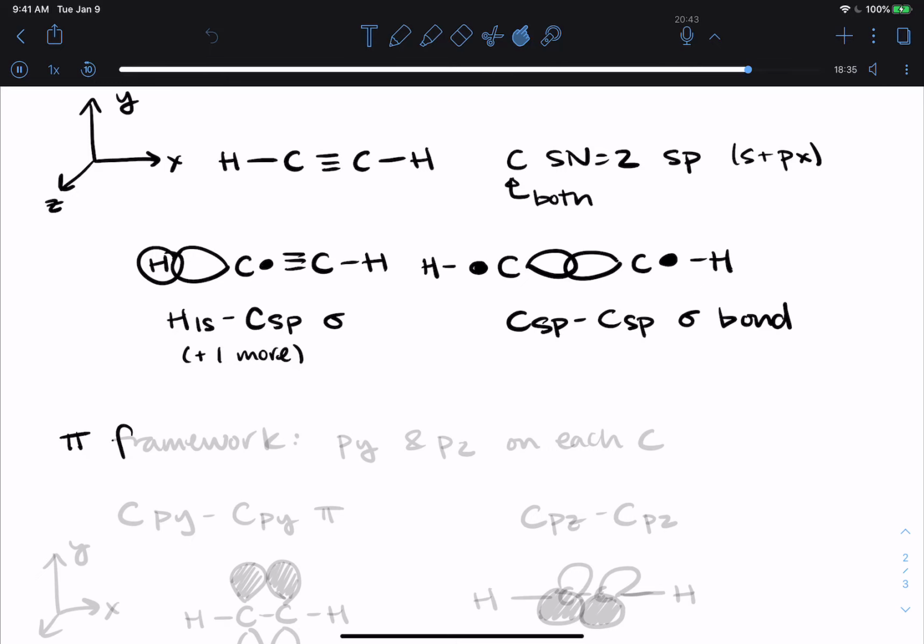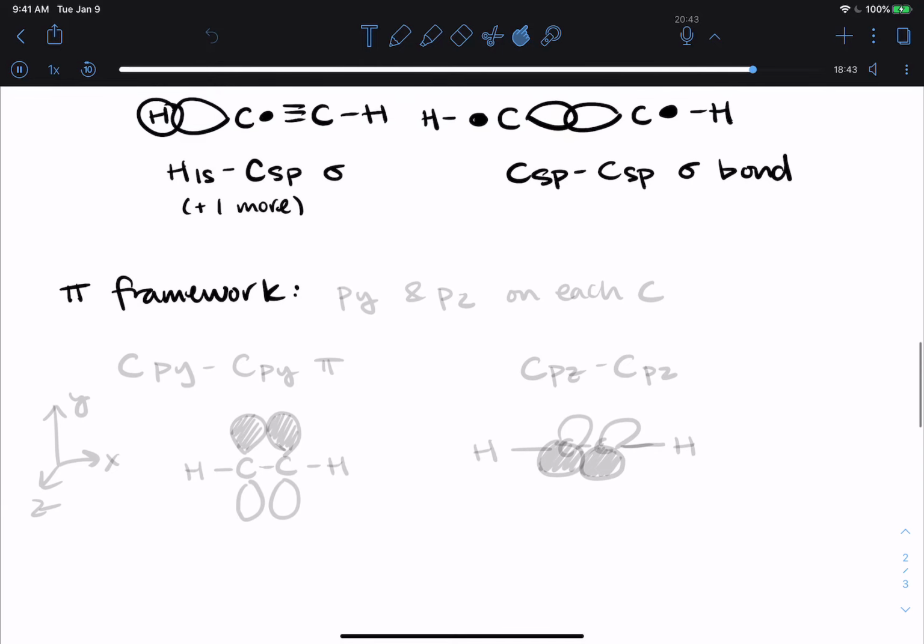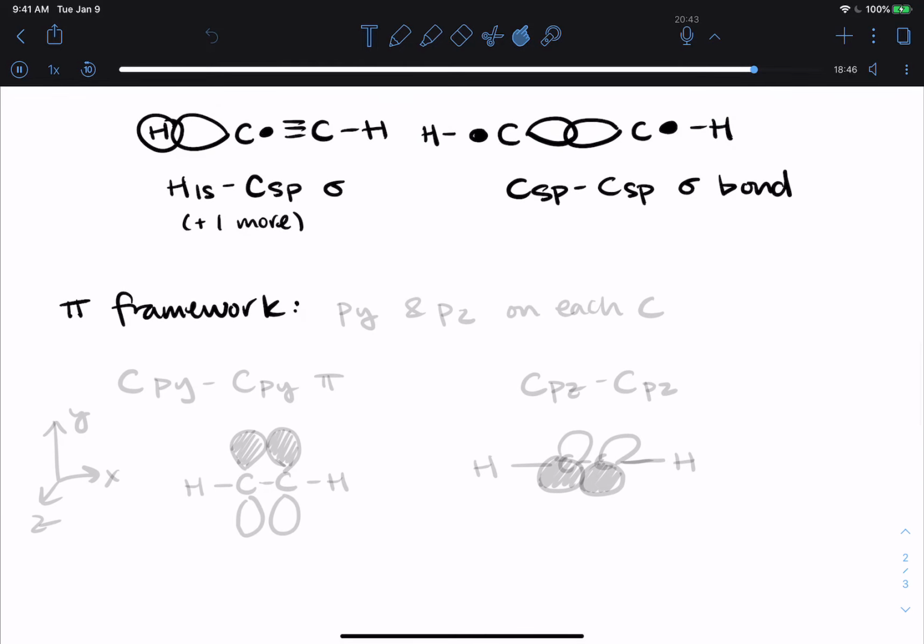And if I do my pi framework, let's take a second to figure out which p orbitals we need. So I used my px to make my sigma bonds. So I have py and pz on each carbon.